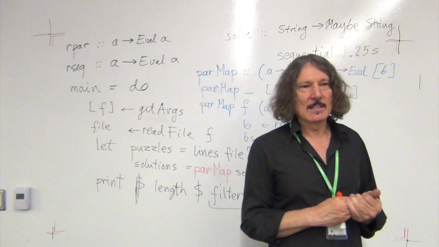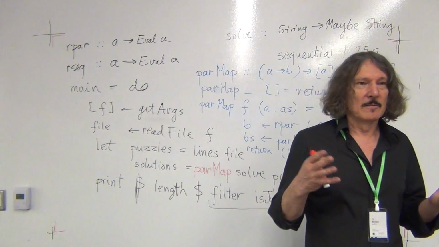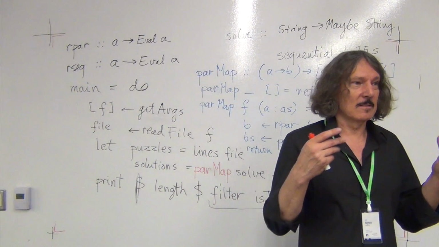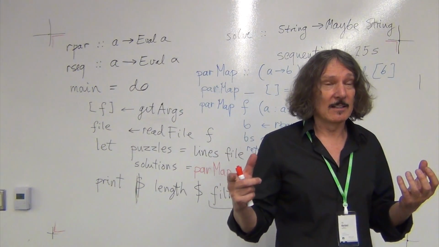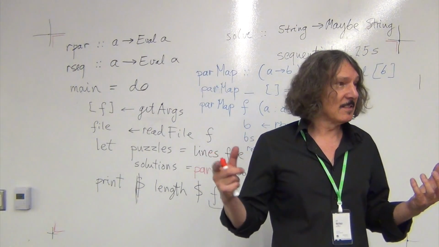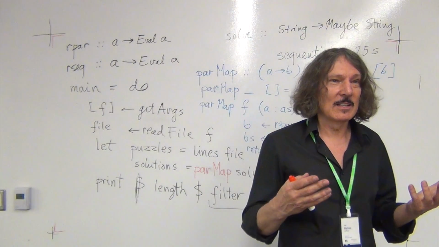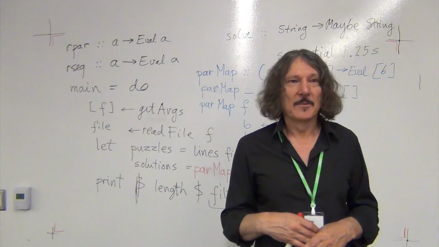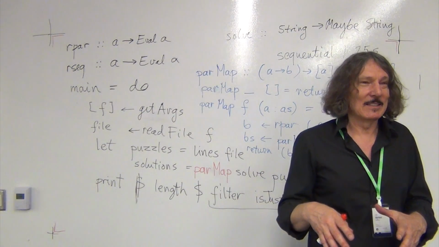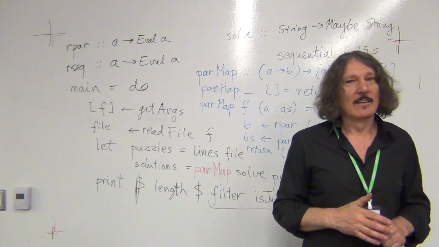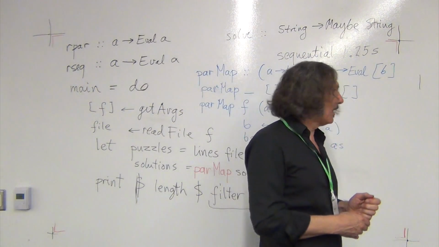And evaluating a list to weak head normal form means just evaluating the first constructor, which is combining head with tail. And this is no work, right? We don't have to evaluate the head. We don't have to evaluate the tail. We are done. So we had to force deep evaluation.